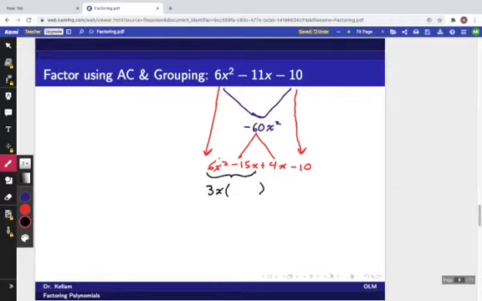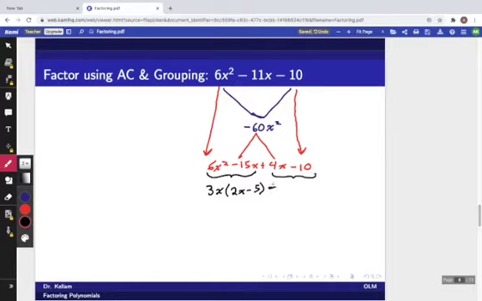So now, what is 6x squared divided by 3x? That would be 2x. And what is negative 15x divided by 3x? That would be minus 5. We're going to do the same thing over here.